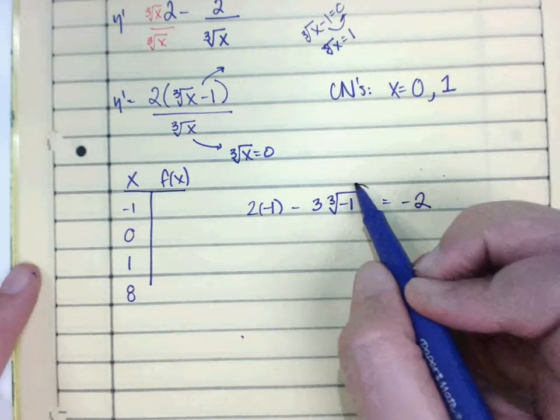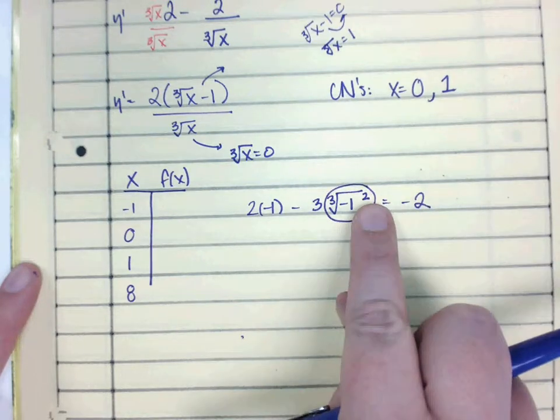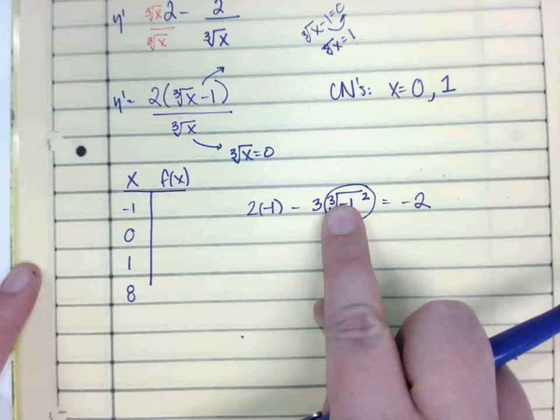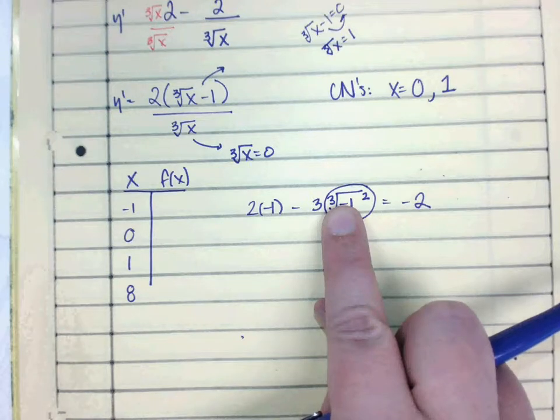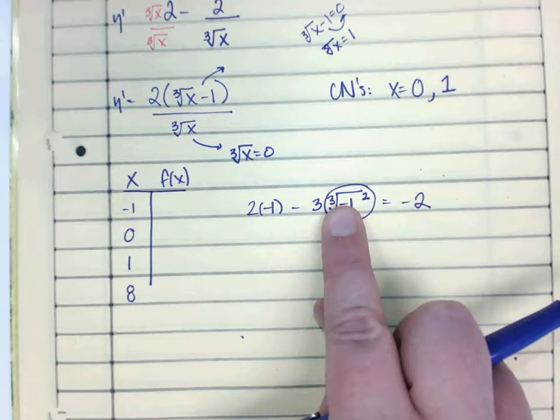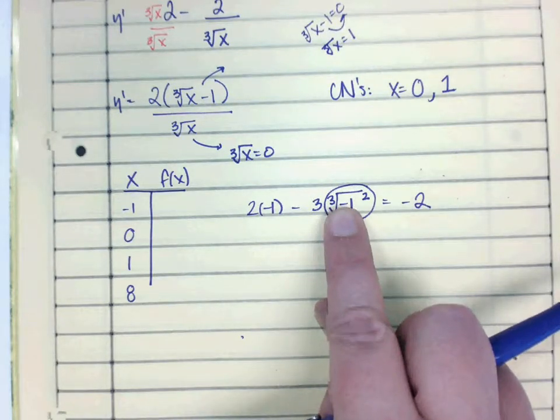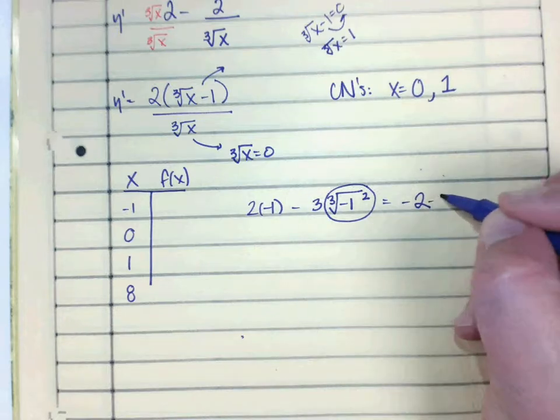What is -1 if I square it and cube root it? Order doesn't matter. Positive 1. If I cube root first, I get another negative 1, but then I square it, it turns positive. If I square it first, it turns to positive 1, cube root it, it stays positive. So that's 1 times 3, which is 3.